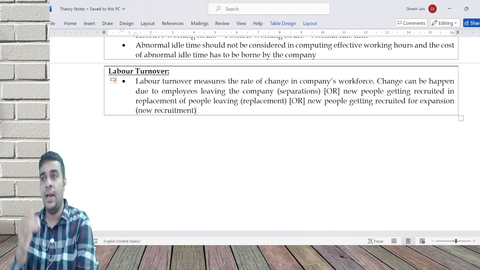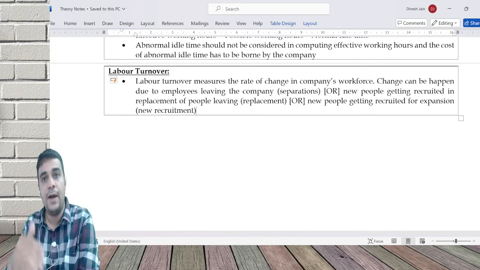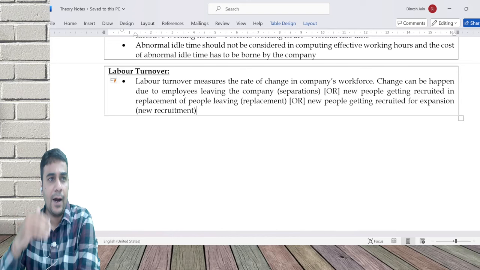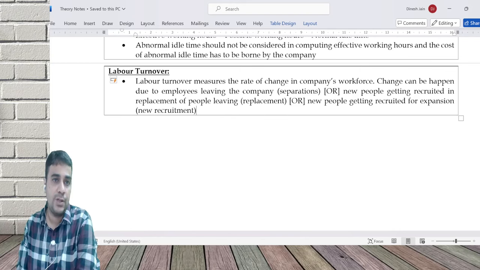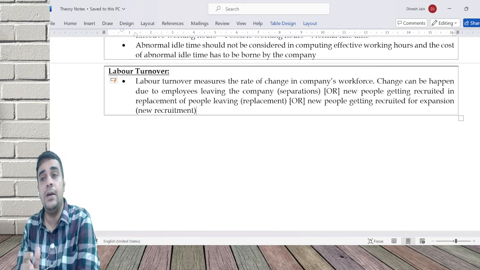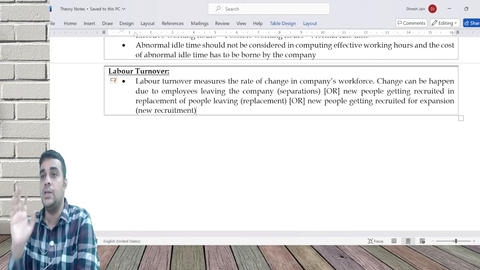Next batch someone else takes a costing class, or every 5 days we change a faculty. If I change a faculty for a subject every 5 days, it will become extremely difficult for the students to understand, because every faculty has their own style of teaching. So in an organization, the objective is there should be very minimal change in workforce.